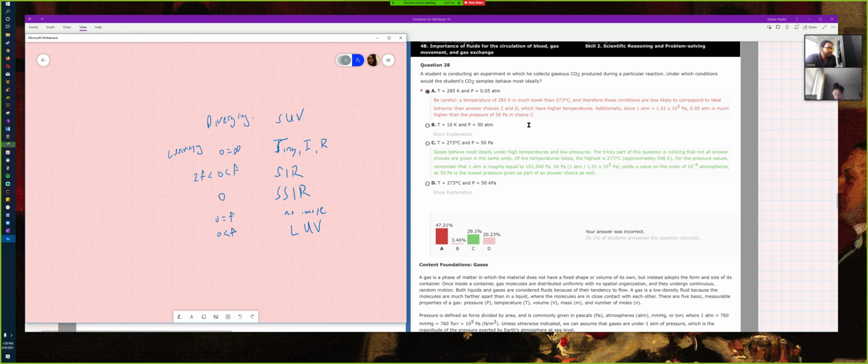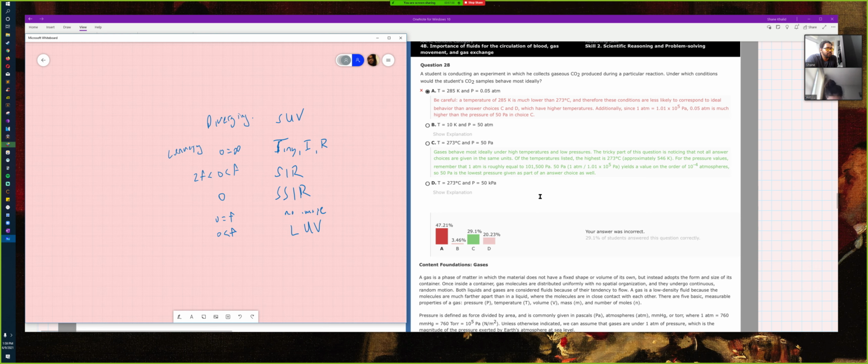C and D have the same temperature, and now we can just compare the pressures. One is 50 pascals, the other is 50 kilopascals. You want high temperature and low pressure. So C is way better. I see now.